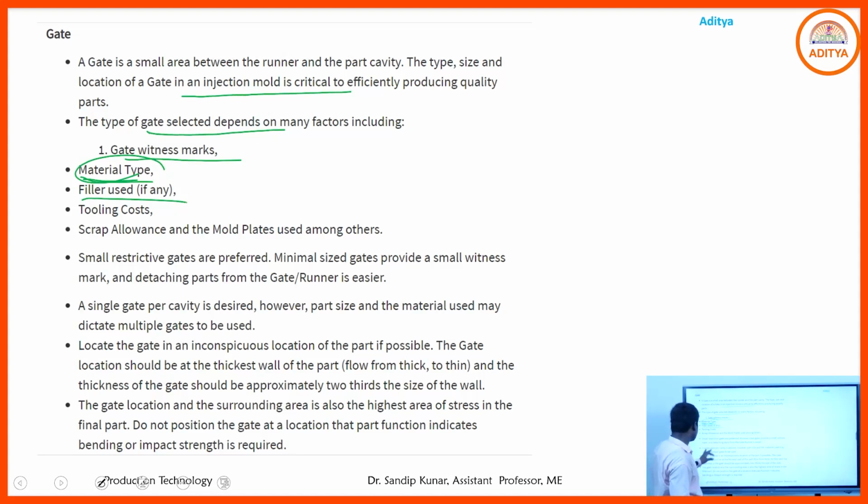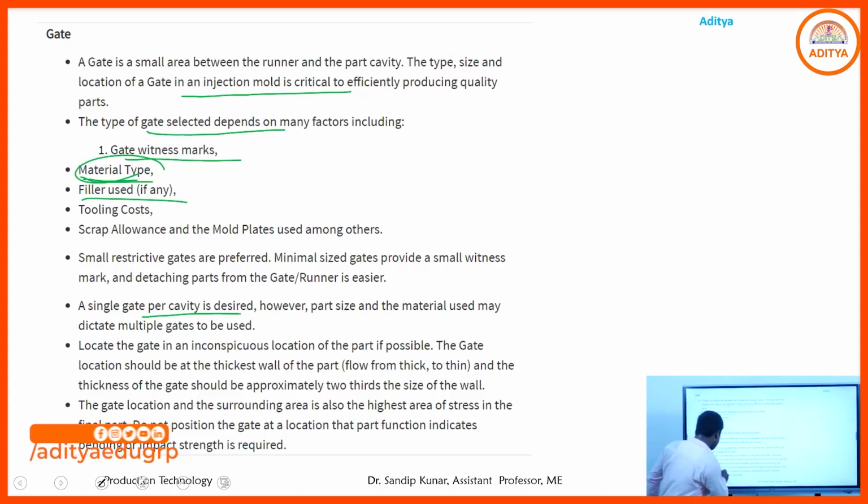A single gate per cavity is desired. However, the part size and the material used may dictate that multiple gates are also used sometimes. Sometimes we use multiple gates for multiple mold cavities, and at the same time, using a sprue plug, the molten metal will flow into the mold cavities and different parts will be produced using the casting process.